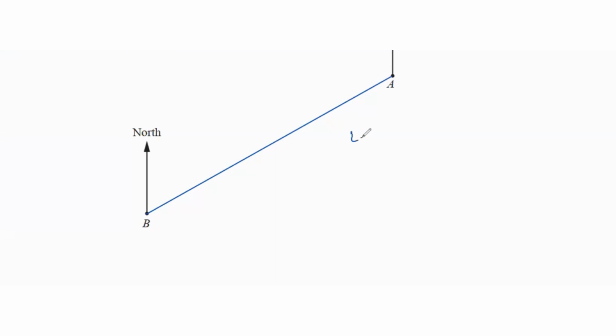So let's say your AB is equal to 9 centimeters. Then your actual distance would be 9 times 2, which is 18 kilometers.